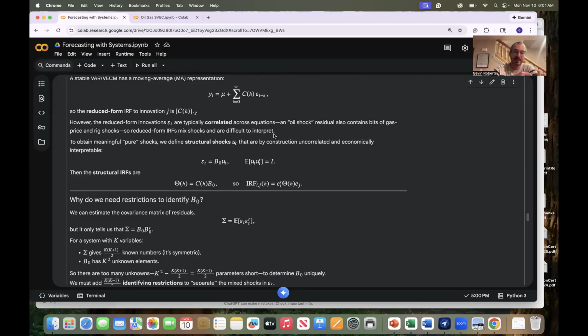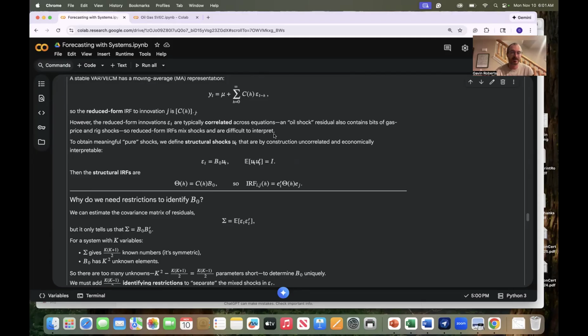So we can't just say this shock to the oil price equation is like a one standard deviation change to oil prices, because those shocks represent linear combinations of all of the different types of shocks we might experience in our system: gas prices, oil prices, gas rigs. If any of those are shocked, we'd expect each of our three equations to be shocked. Those shocks aren't isolated. So we can't yet make statements like, what happens if there's a one standard deviation oil shock? So that's really what all of this upcoming stuff is about.